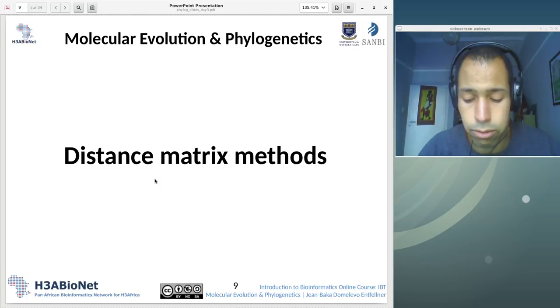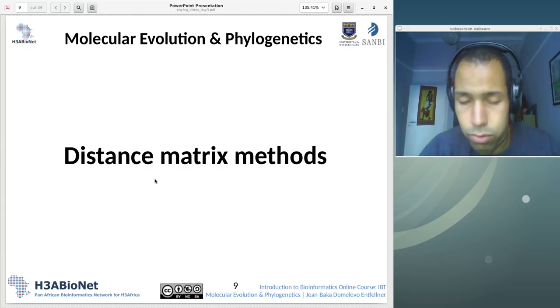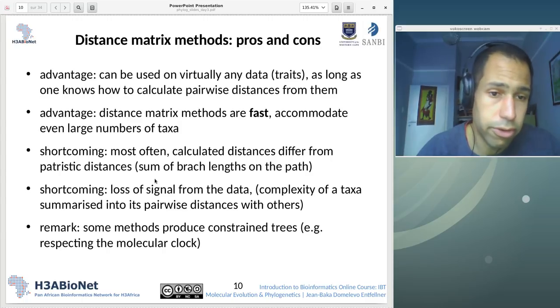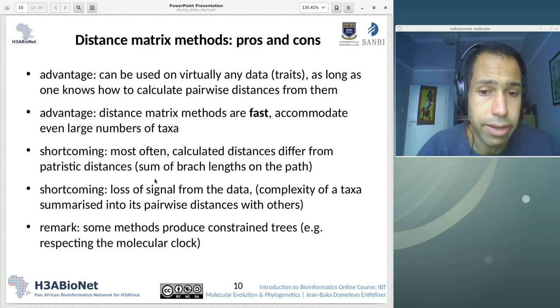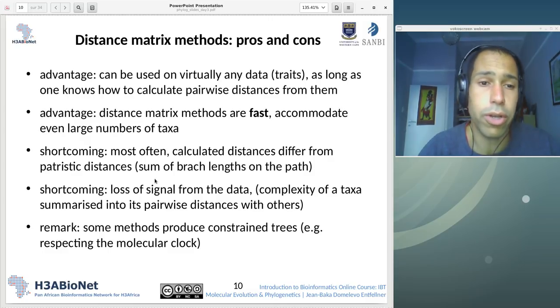And that's why these techniques are very appealing, and still nowadays they are very widely used. So the advantage, as I just said, is that they can be used on virtually any data, as long as one knows how to calculate pairwise distances from your traits, whatever your traits, then you are good to go and use a distance matrix method.